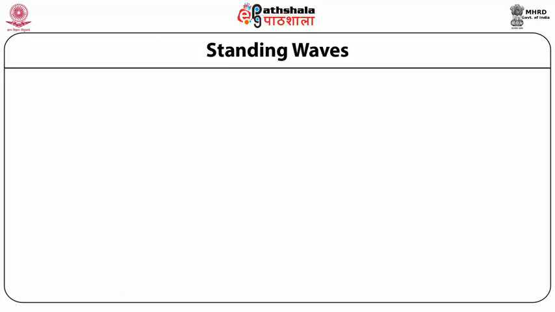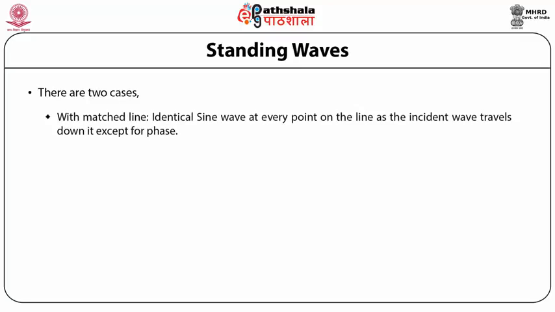So students, let us now discuss the standing waves. There are two cases. With a matched line, we have the identical sine wave at every point on the line as the incident wave travels down it, except for the phase.